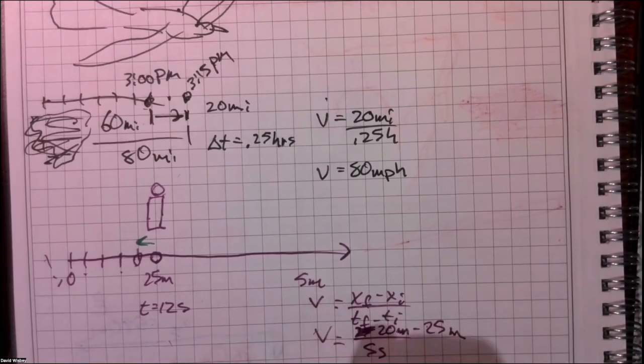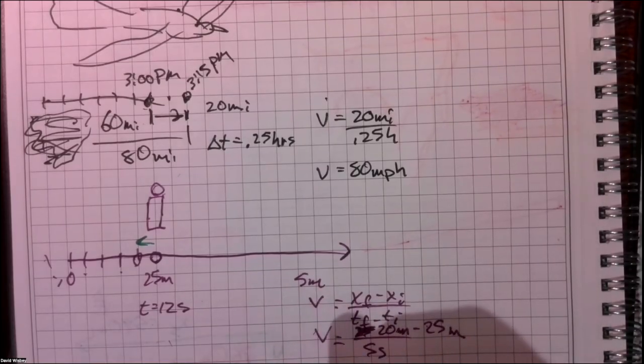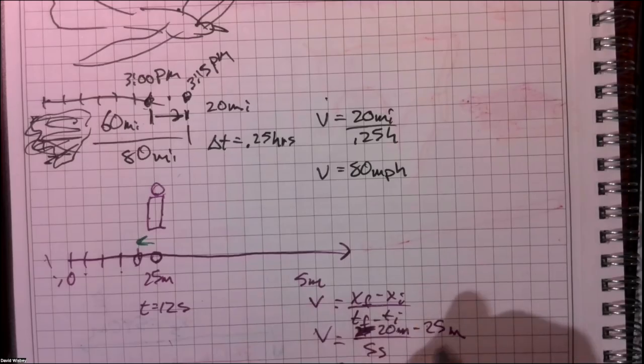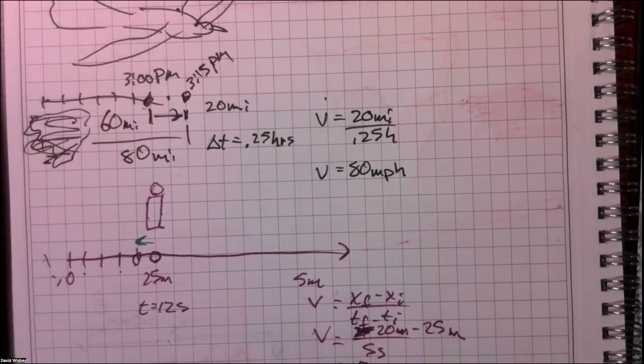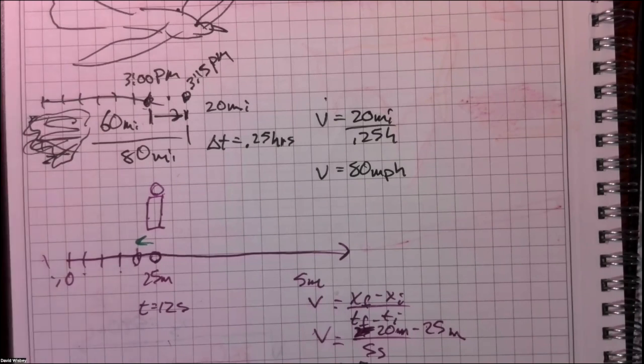So now we've got our velocity. Our velocity is going to be negative 5 meters divided by 5 seconds. So 5 divided by 5 gives us 1 meter per second, and it's going to be negative. Okay, so we got our velocity. All right, that was a good example problem. We know how to calculate velocity now.